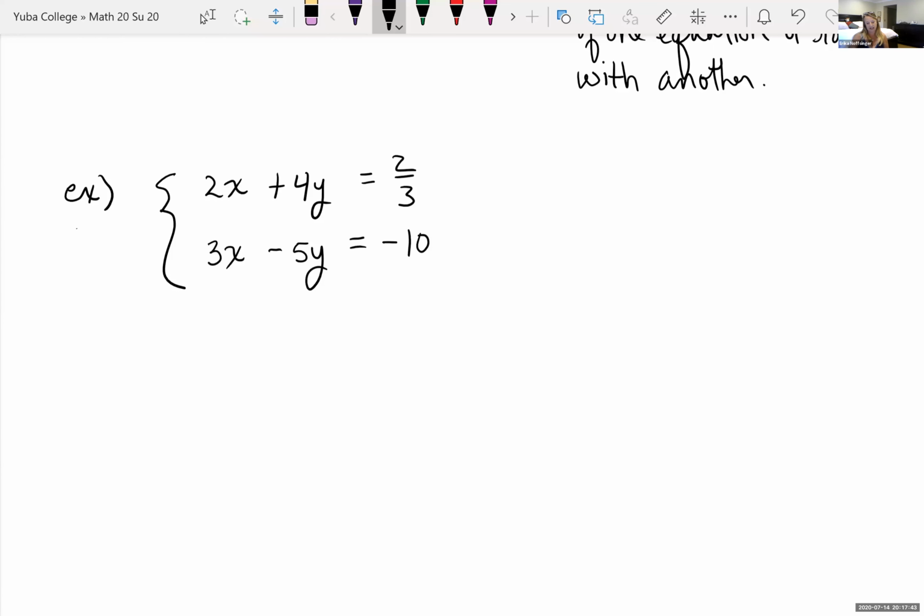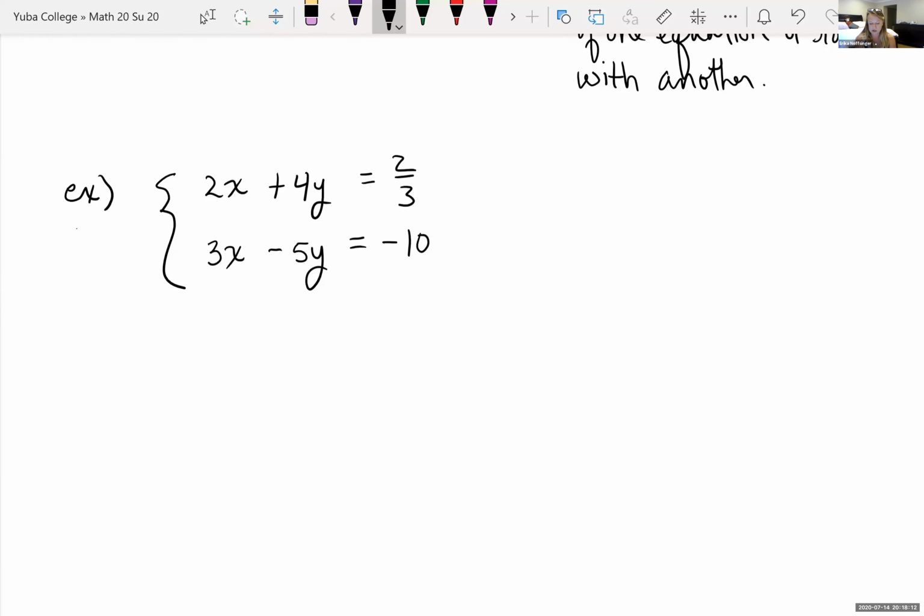Okay, so again, I have it set up in the form that I can do the addition method or elimination method, whatever you want to call it, easily. If I had to use the substitution method, I'd have to get one of my variables alone in terms of the other and then go back and plug it in. And it doesn't look easy to get x by itself or y by itself. I would have to deal with a lot of fractions, and I don't want to deal with that.